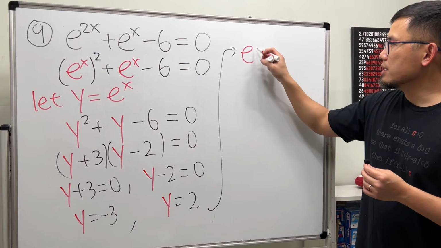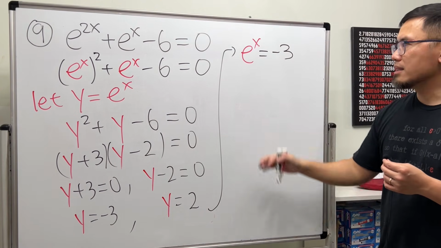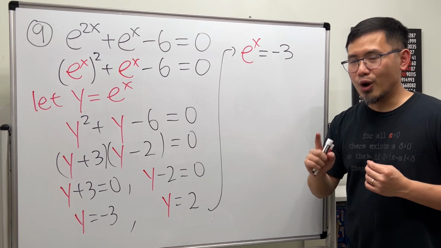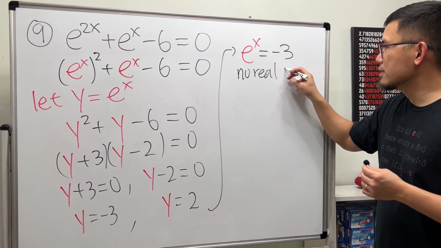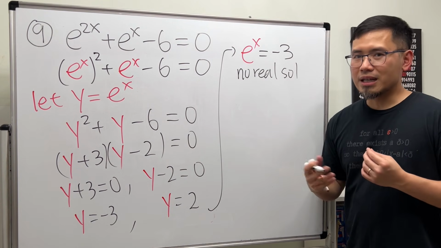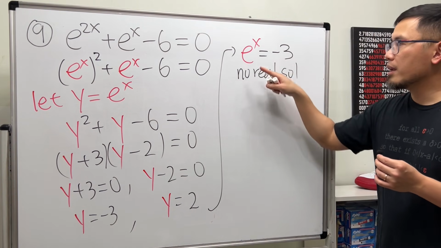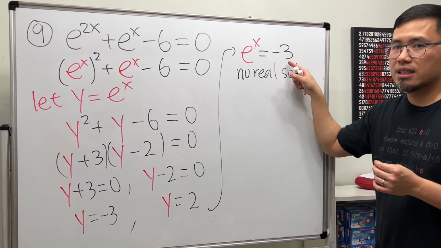The first equation is e to the x equals negative 3. But can we solve this? In fact, no. This right here has no real solution. There are complex solutions to this, but we are not going to cover that. No real solution. When you have an exponential function, you cannot get a negative number.